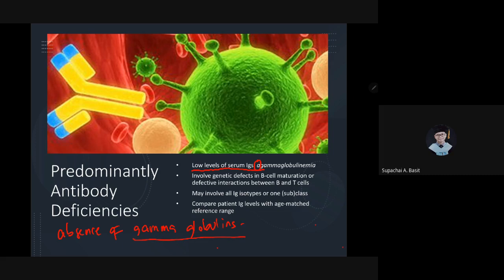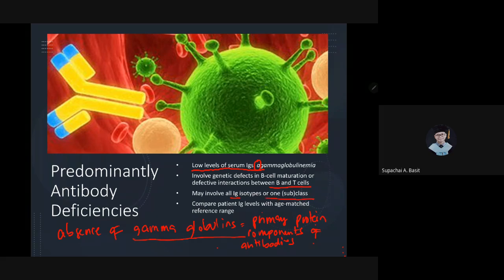Gamma globulins are actually the primary protein components of antibodies. So this will involve genetic defects in B cell maturation or defective interactions between B and T cells. Predominantly antibody deficiencies may involve all immunoglobulin isotypes or one subclass only.